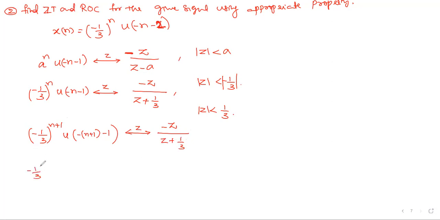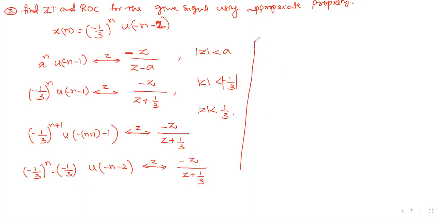So (minus 1 by 3) whole power n into minus 1 by 3 u of minus n, minus into minus, minus 1 will become minus 2. Z transform will be minus z by z plus 1 by 3. Now minus 1 by 3, if you send that side, what we will get? (Minus 1 by 3) whole power n u of minus n minus 2.